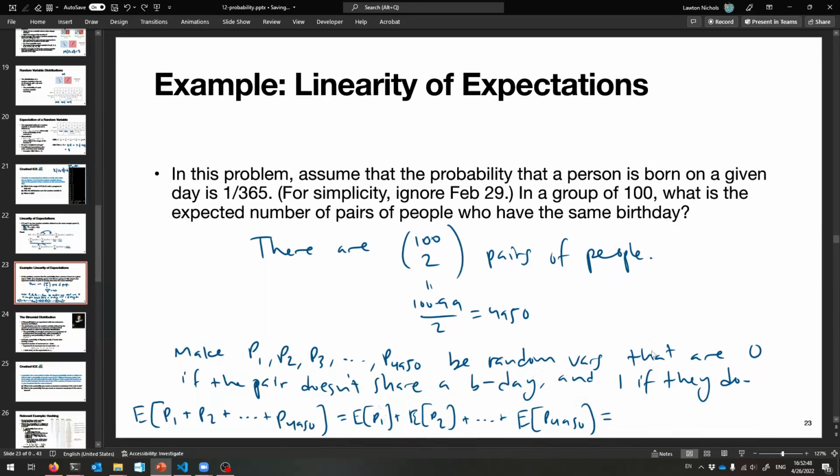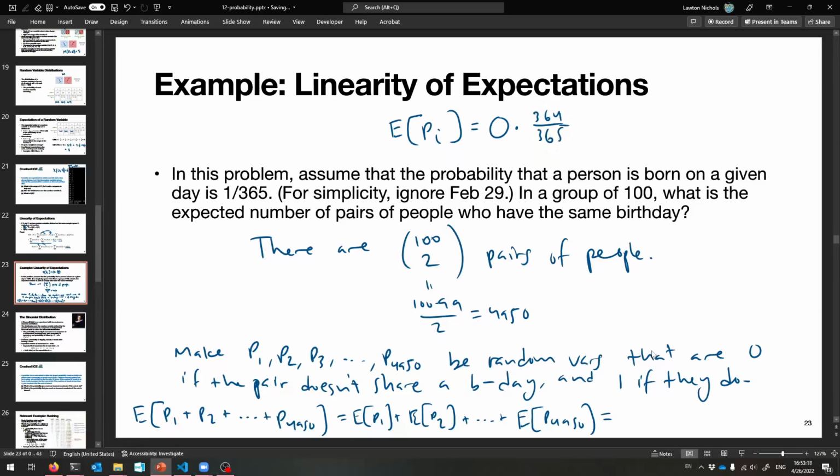And here it is. The expected value for a pair of people is equal to, well, what are the possible outcomes? What's the weighted average, right? Well, the random variable could have been 0 if they didn't share a birthday. What's the probability that those two people did not share a birthday? Well, it's a 364 out of 365 chance that they had different birthdays.